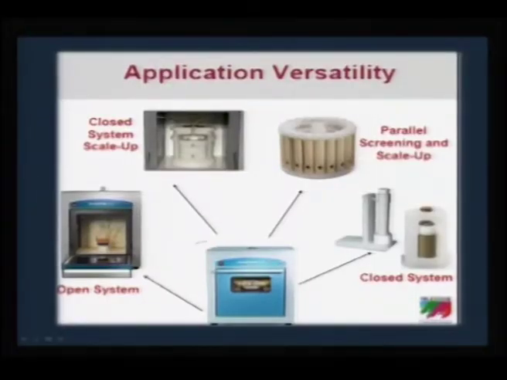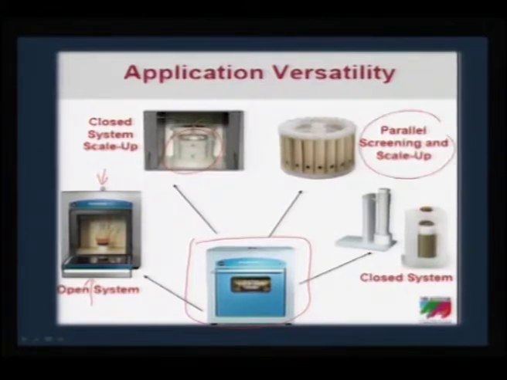So, from a simple multi-mode cavity, you can achieve many things. One, you can look at this more like a muffle furnace, but then you can do open system reactions. If you want to, you can even purge the system with gas. So, this is possible, or you can do closed system. As you can see, this is confined to a bomb, and we can try to measure the pressure release there.